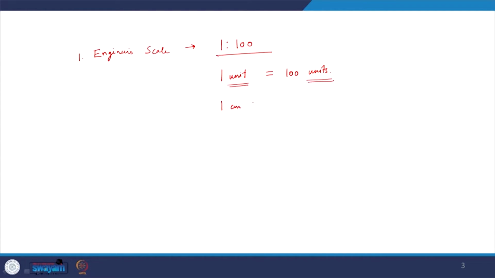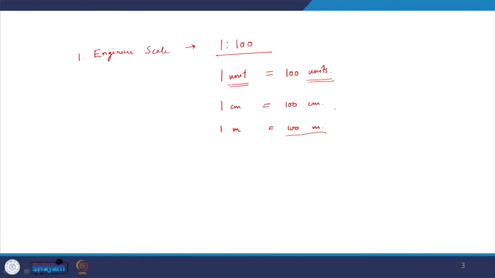So, 1 centimeter is equal to 100 centimeters, 1 meter is equal to 100 meters. Anything. So, any unit you pick up here will be equal to 100 units of the same object in reality. So, it means that a 100-meter long road will be represented as a 1 meter long road here.